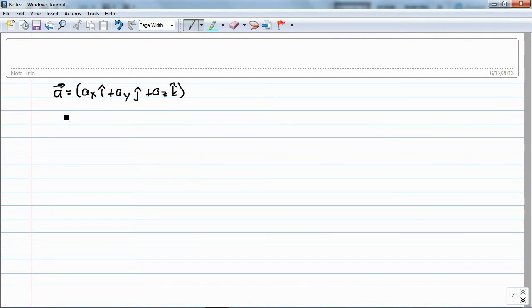And let's define a vector B is equal to bx i hat plus by j hat plus bz k hat. So our vector addition, A vector plus B vector, is just adding the different i components, j components, and k components.